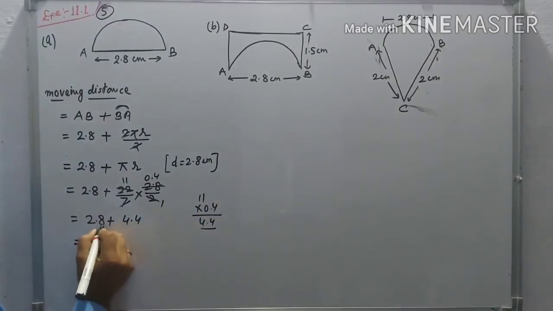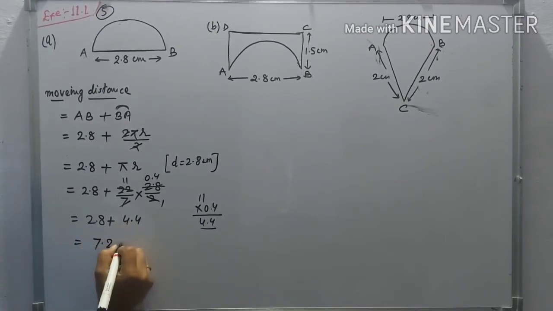Adding 2.8 and 4.4 gives 7.2. So the total distance covered is 7.2 centimeters.